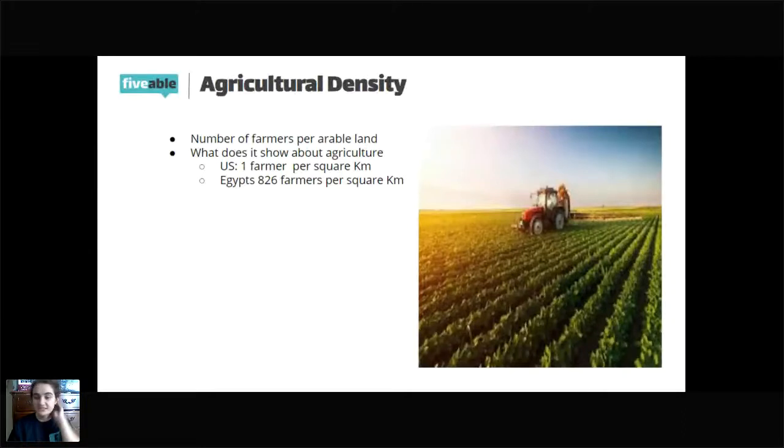What does that tell us about the agriculture of the region, the type of equipment used? Type something in the answer box, guys, please. Let's get some interaction in. What does the high and the low agricultural density tell us?